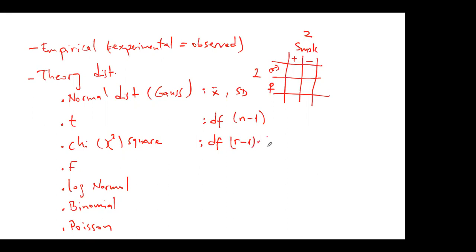Okay, then the number of columns here is 2, and the number of rows here is 2. So 2 minus 1 is 1, 2 minus 1 is 1. Here it will be 1. We have a degree of freedom. If you have this kind of table, it means you have a degree of freedom of 1.